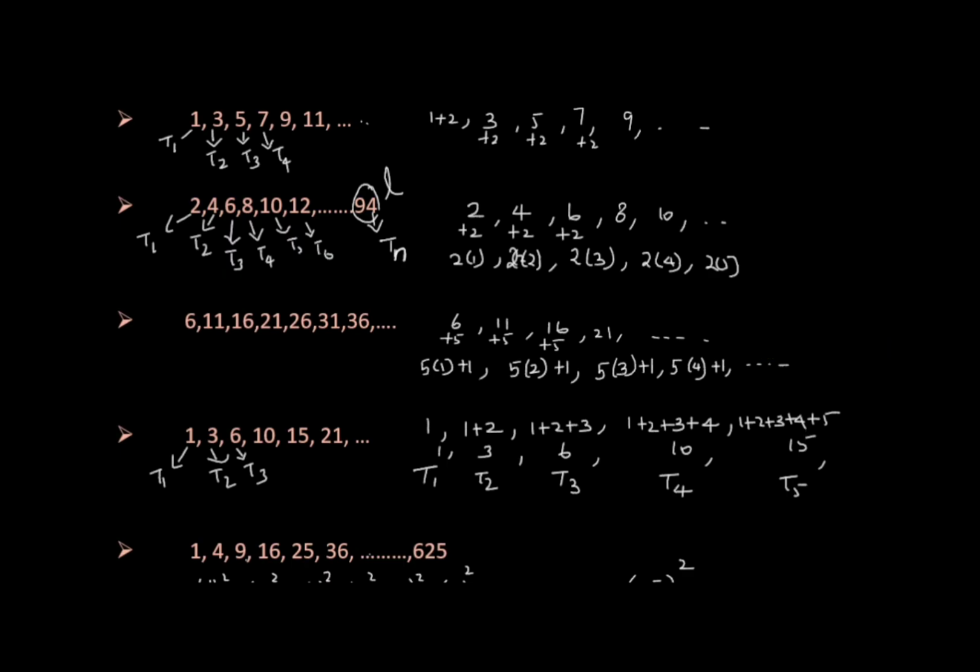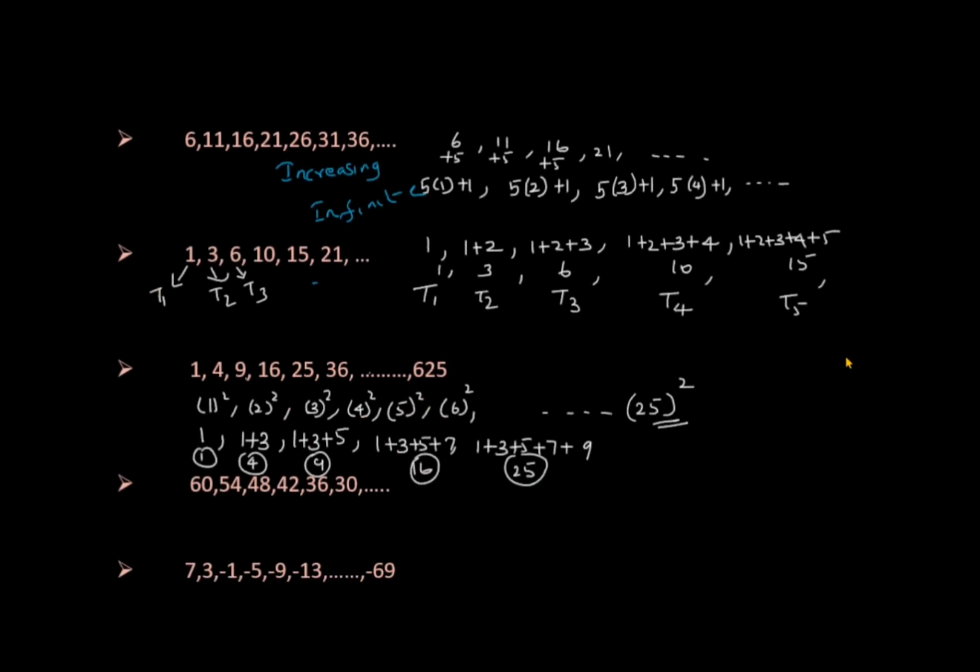First sequence, this is increasing, this is increasing, infinite. This is also increasing sequence, finite sequence. This is finite. This is increasing and infinite sequence. This is increasing infinite sequence. But look at that. This one is increasing and finite.